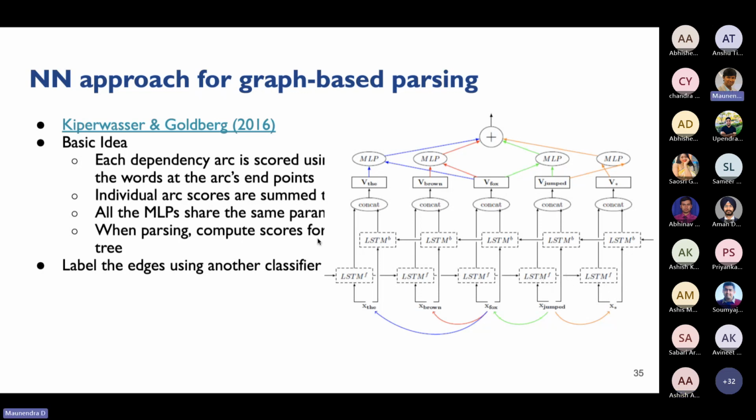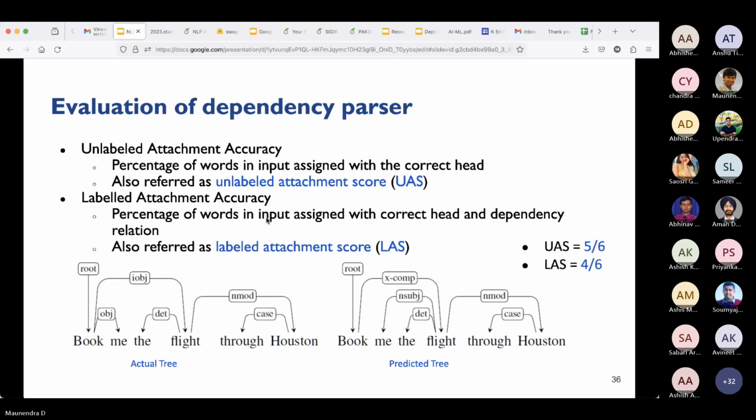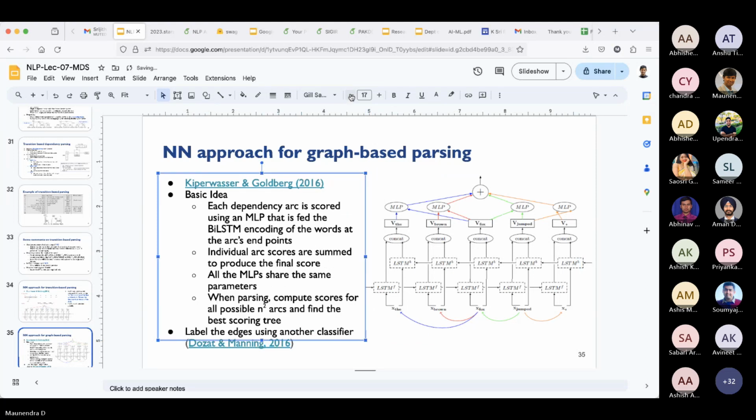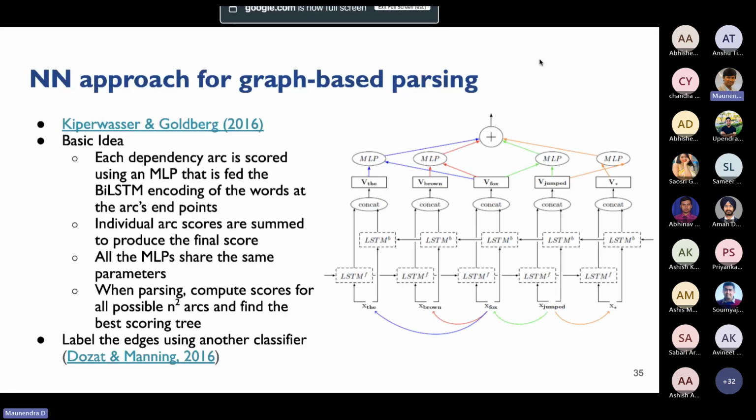And there was one more idea here. The idea is like, suppose you have n nodes, right? And many different trees can be constructed from these n nodes, right? Now each tree will have some edges.